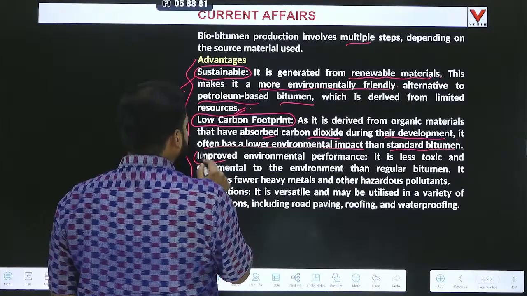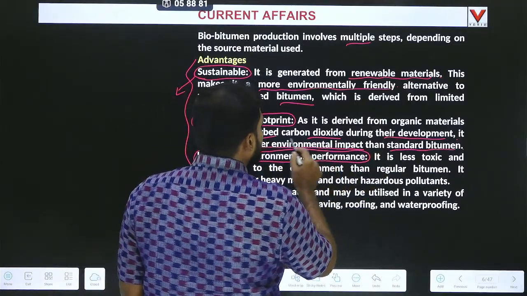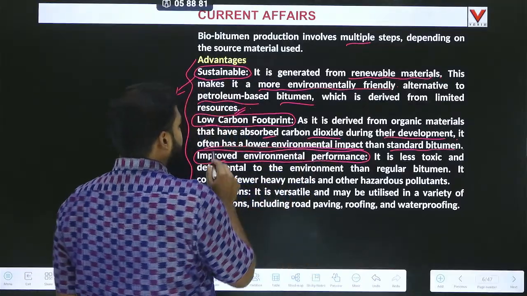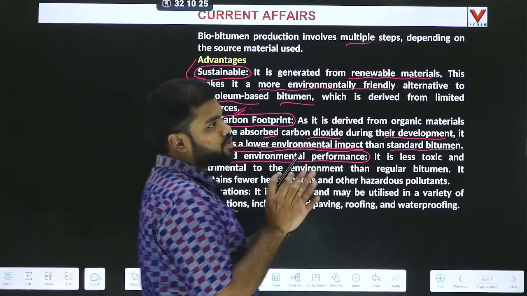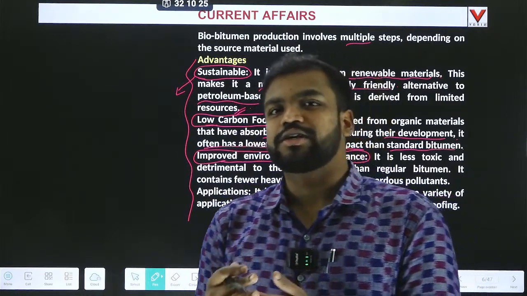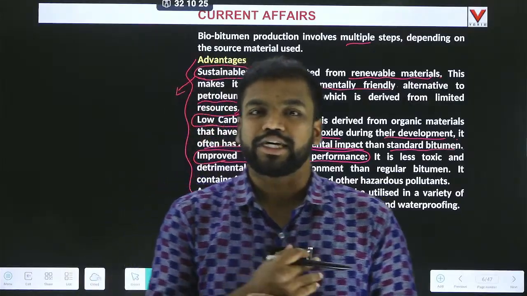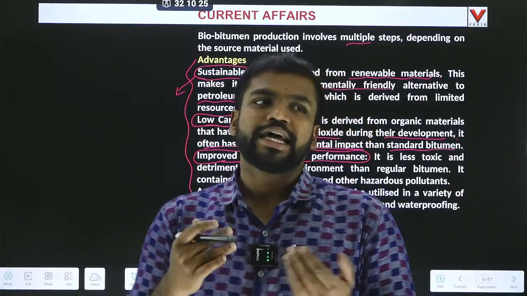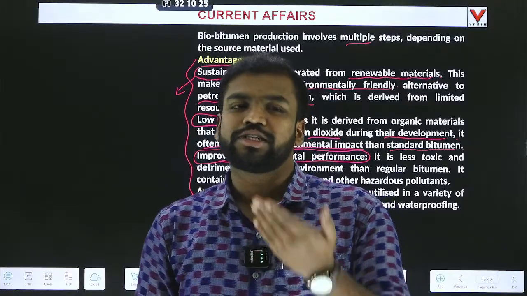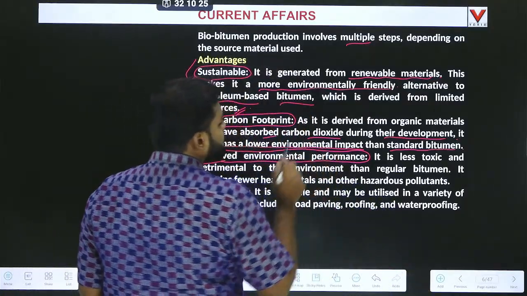Improved environmental performance, obviously, because it absorbs carbon dioxide. If something has absorbed carbon dioxide, it directly or indirectly reduces global warming, right? Because carbon dioxide is a greenhouse gas. That's why improved environmental performance.